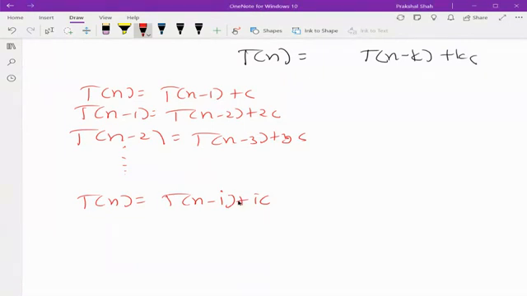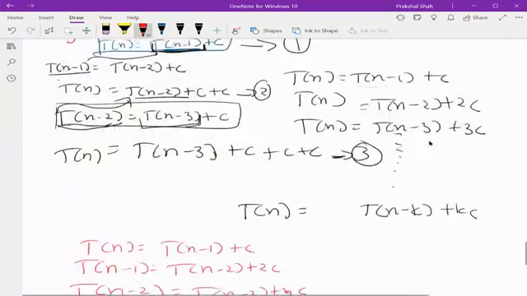And can I say just beyond that, the previous case will be T of n equals T of 1 plus nc. After it becomes T of n minus i, it will become 1 only. And as I said, T of 1 would be what? 0.